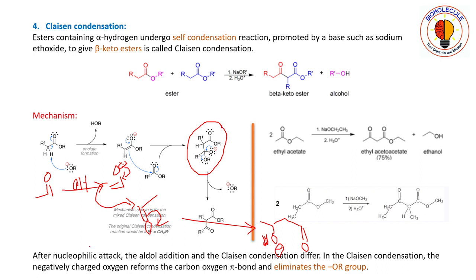But the difference between aldol condensation and Claisen condensation is that in aldol condensation, this O minus ion now gets protonated to give you beta hydroxy carbonyl compounds. So in this aldol condensation, what you were getting is this one.